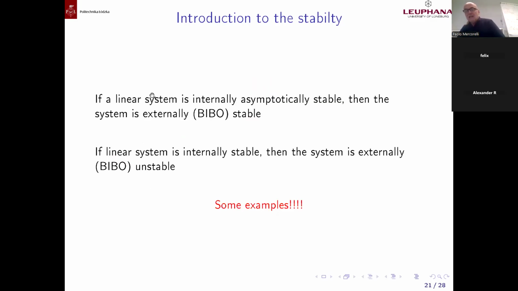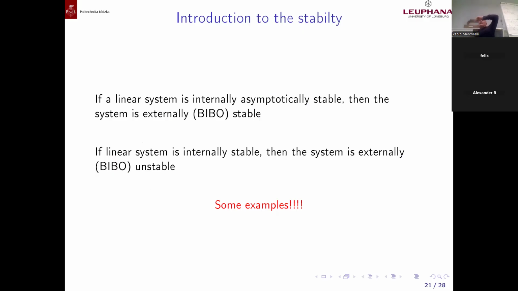Look at this. If the linear system is internally asymptotically stable, this means sigma definitively negative, it doesn't matter with or without imaginary part, then the system is also externally stable, externally BIBO stable. BIBO means bounded input, bounded output. This means a limited input gives limited output. Why that?